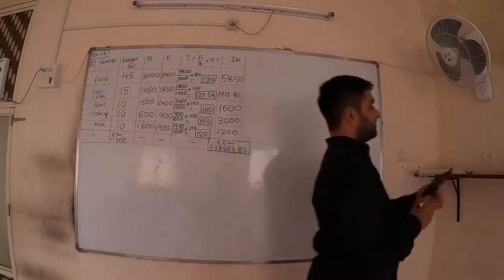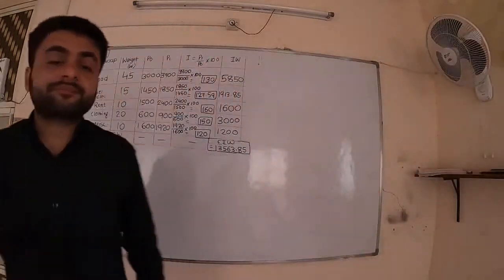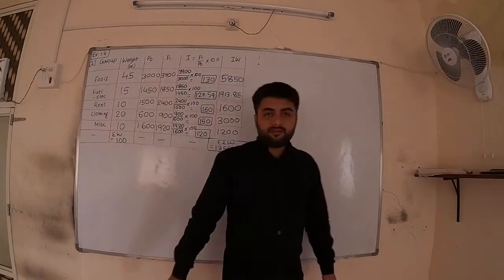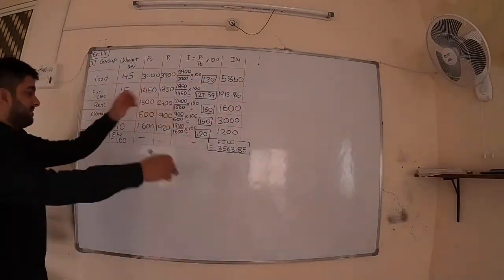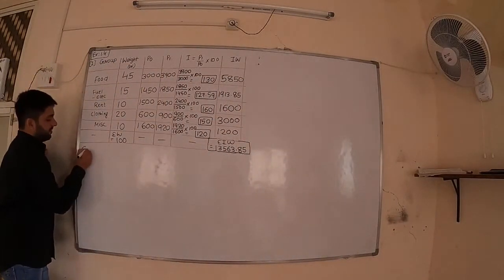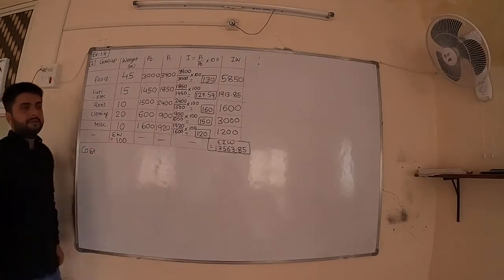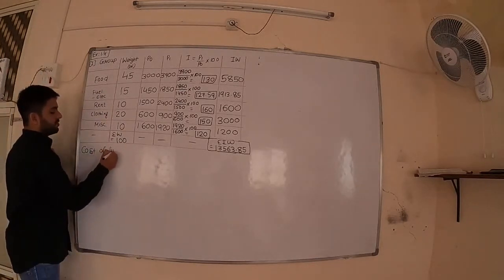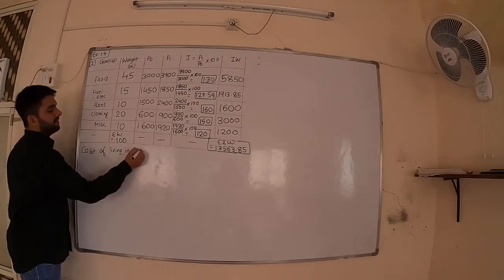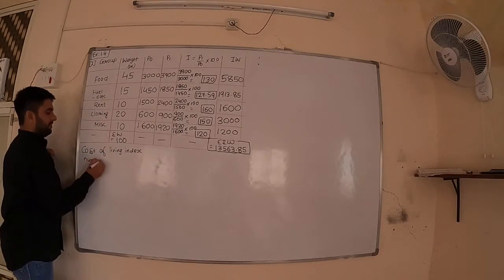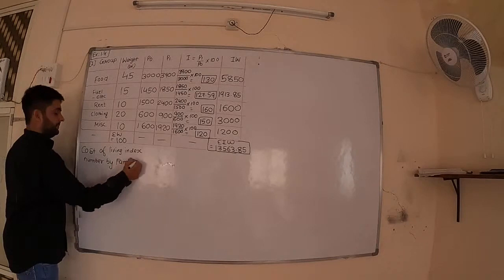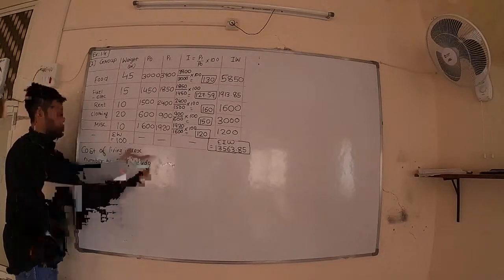Now friends, how to write the things? Please listen here. Family budget method is used to find out the index number. Always when family budget method and total expenditure method is given, how will we write?